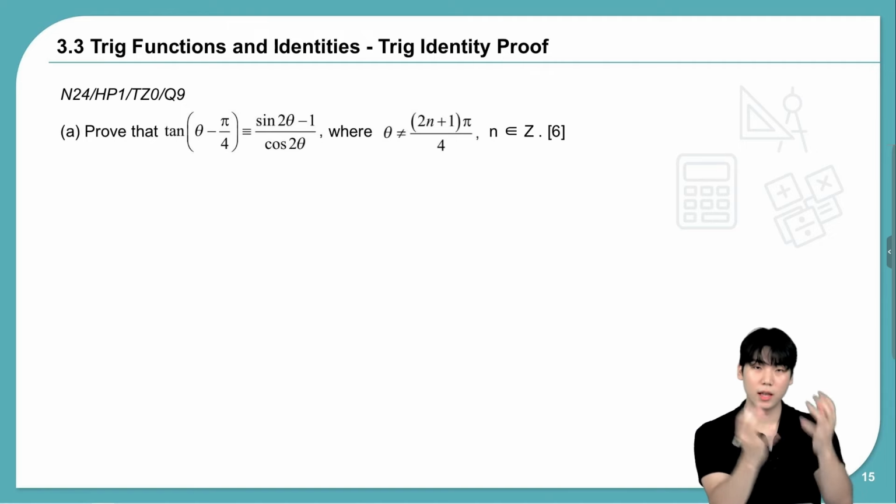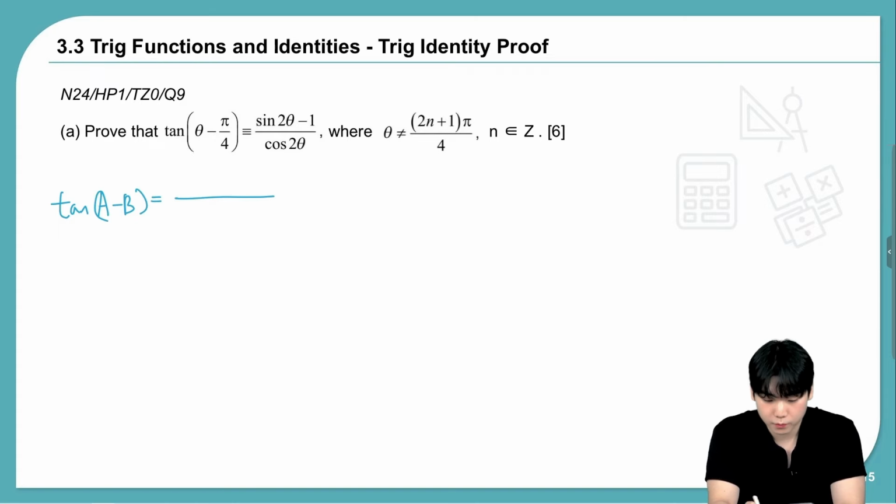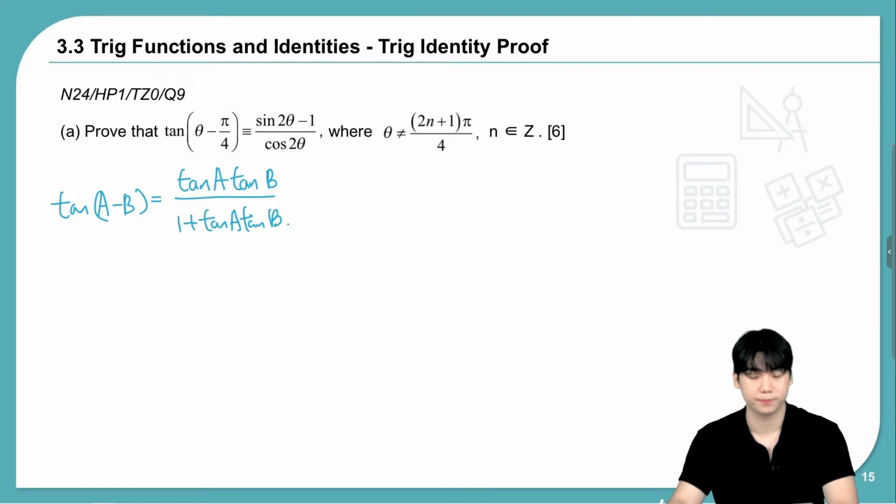You have to manipulate the left to make it look like the right. So I'm going to make use of the formula. Tangent A minus B is equal to tangent A tangent B over 1 plus tangent A tangent B. I'm going to make use of that formula.